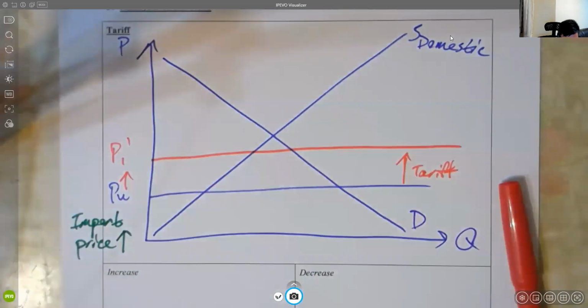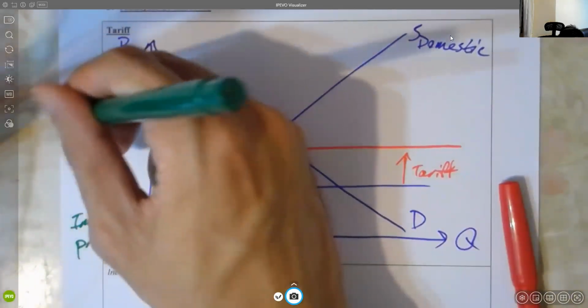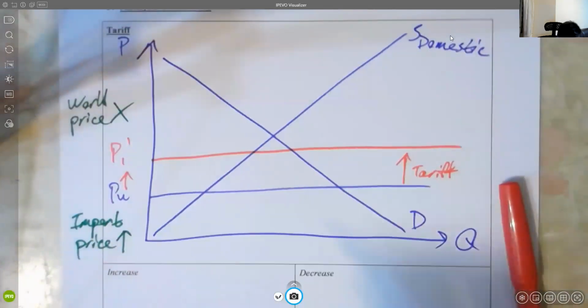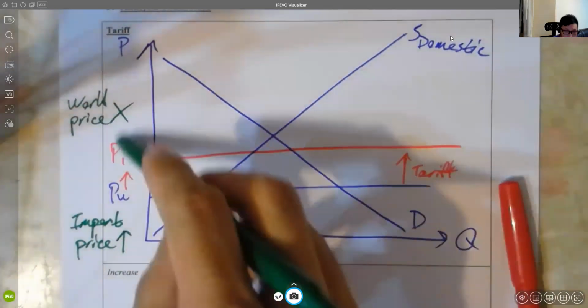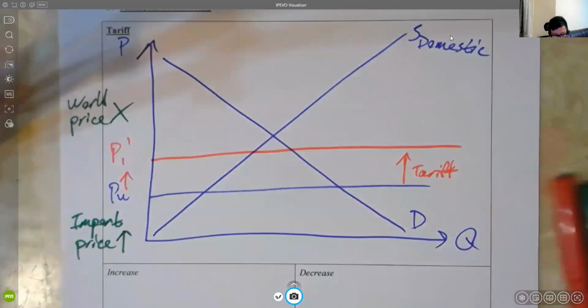Do not say world price goes up. No. This is not a world price because remember, you are a small open economy. Can you affect the world price? No, you cannot affect world price. 你影響唔到嘅.